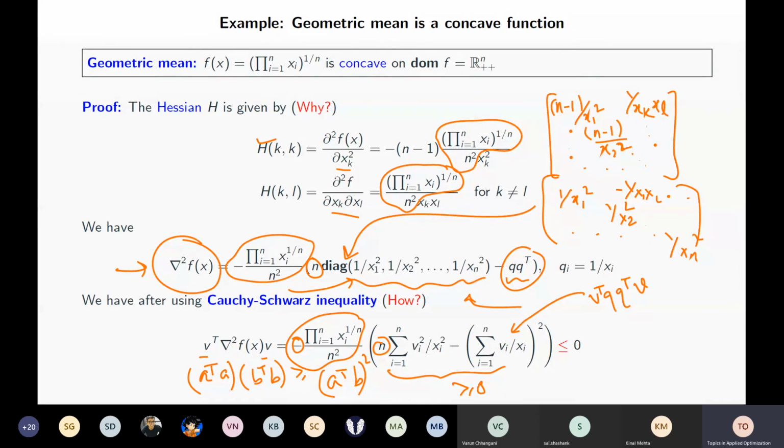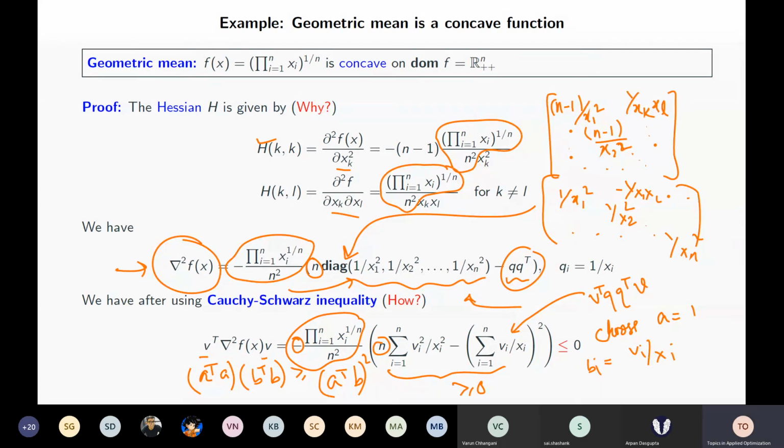So how can we prove this? What should I choose as A and B? We take A as one vector and B as the Vi by Xi vector. So let us try. Choose A to be the vector of all ones, and B the vector whose ith component is Vi by Xi.